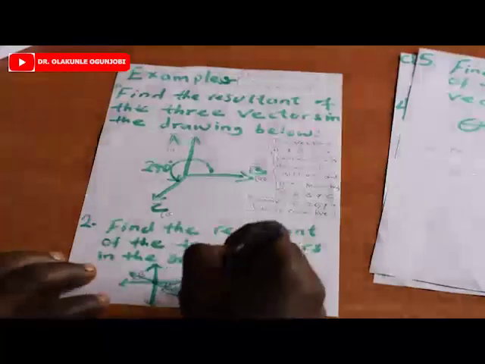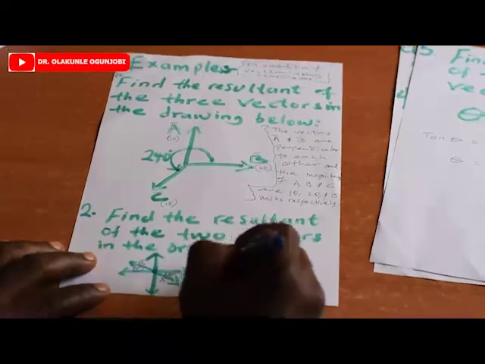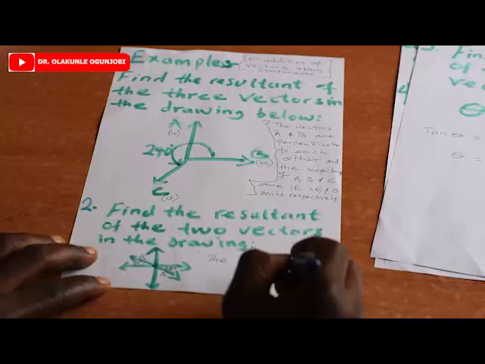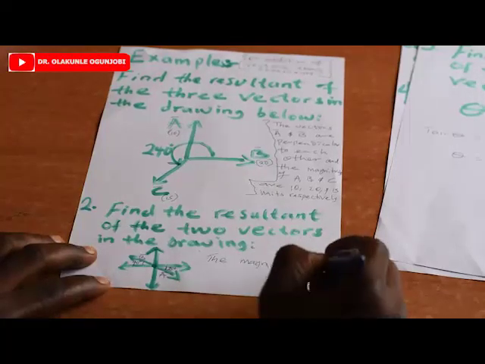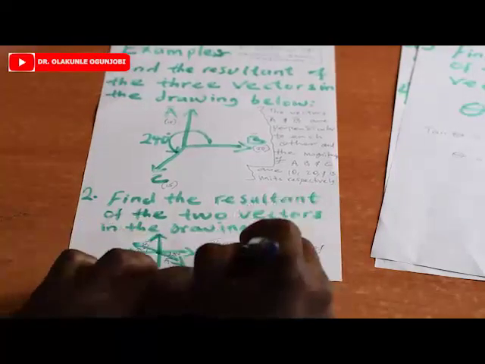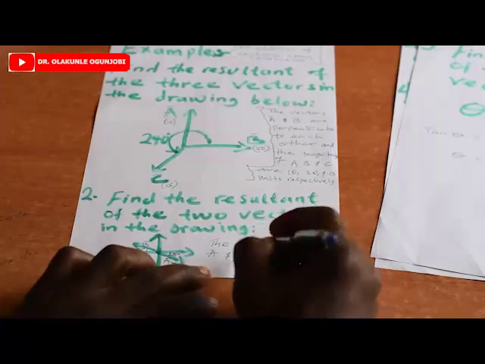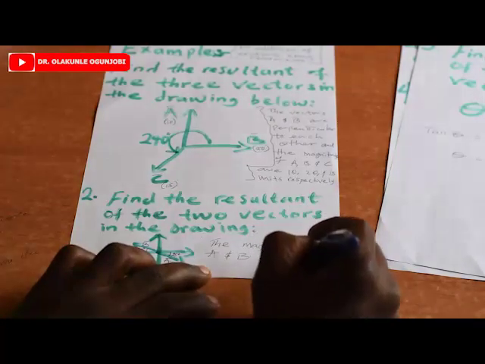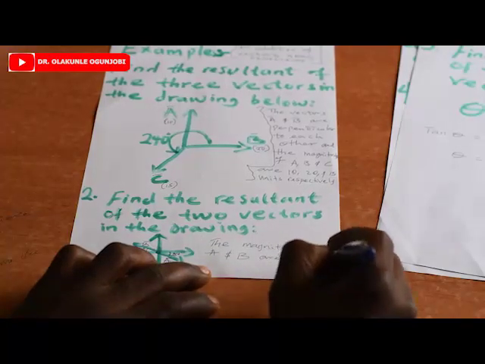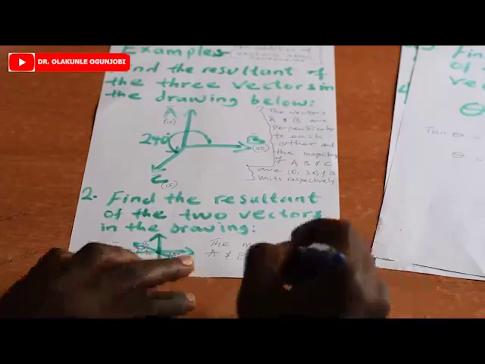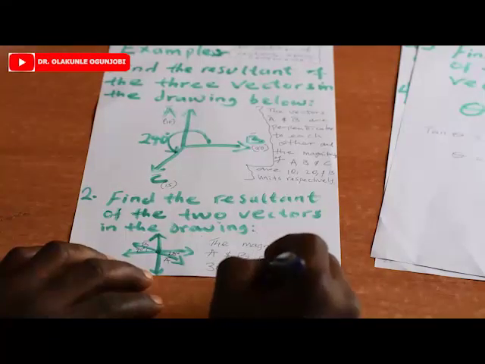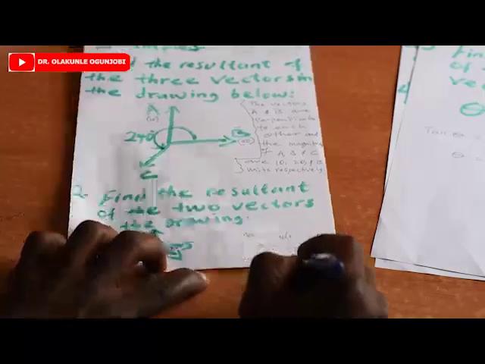Let's say the magnitudes of A and B are 50 meter units and 30 meter units respectively.